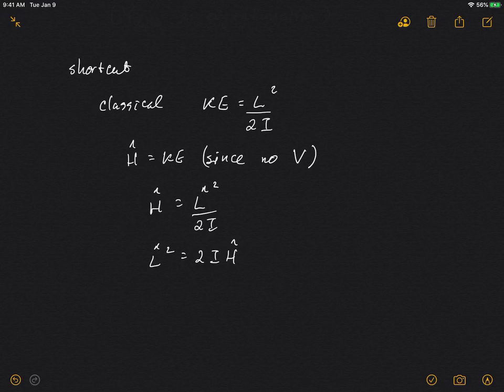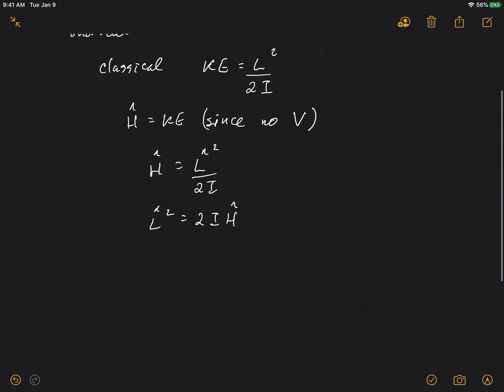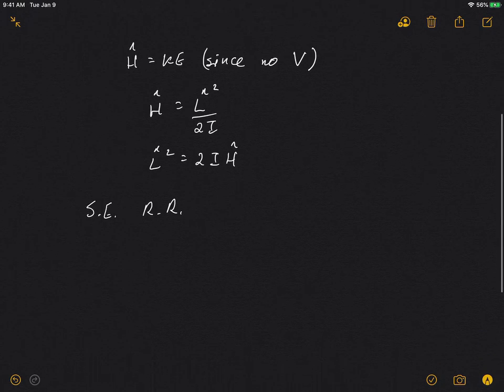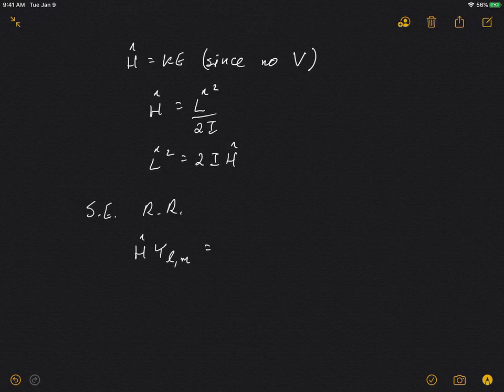So we can do a little inspection, in that we know that the Schrodinger equation for the rigid rotor, in terms of the eigenvalues of the Hamiltonian, is written as follows. H Y_lm is equal to l(l+1) h bar squared Y_lm over 2I.